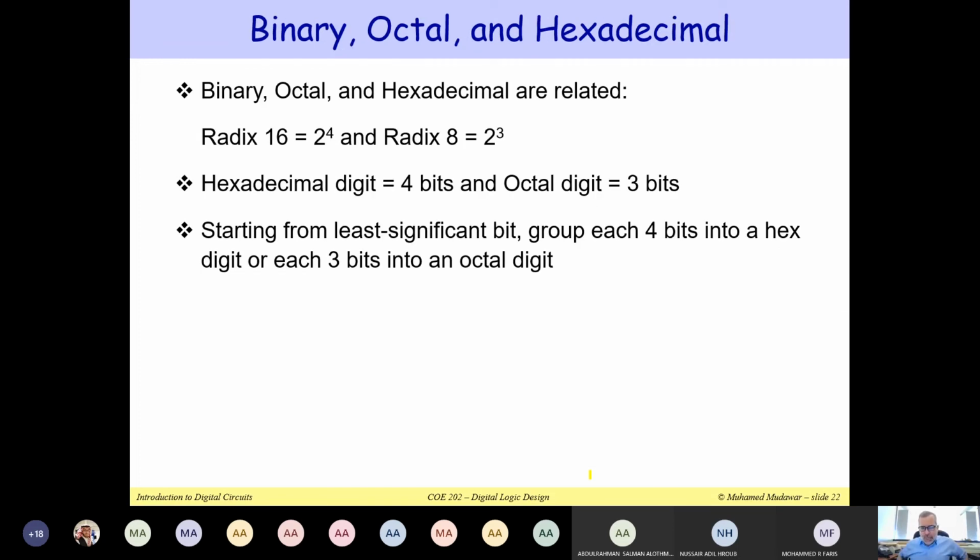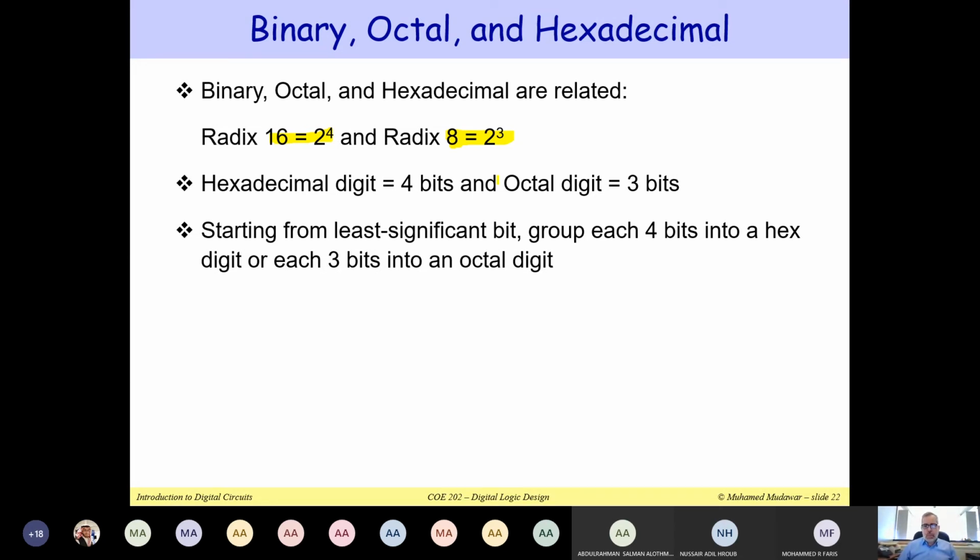Right. Let me show you an example of how we can do the conversions between these number systems. So remember that radix 16 is 2 to the power 4, and radix 8 is 2 to the power 3. This is why we chose 16 and 8, because they are related. They are powers of 2.